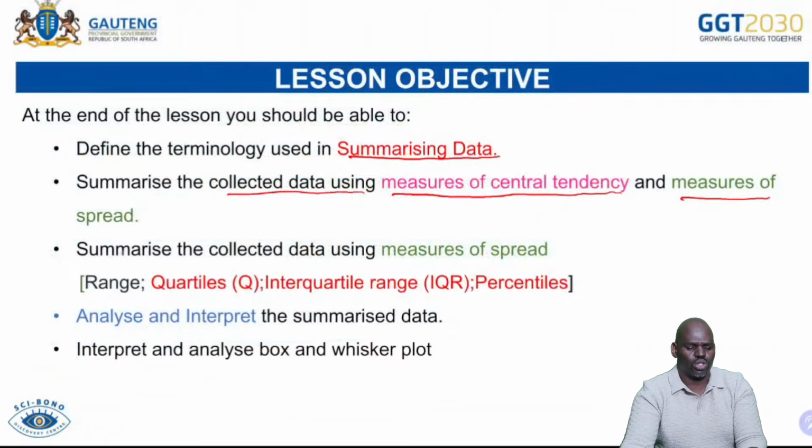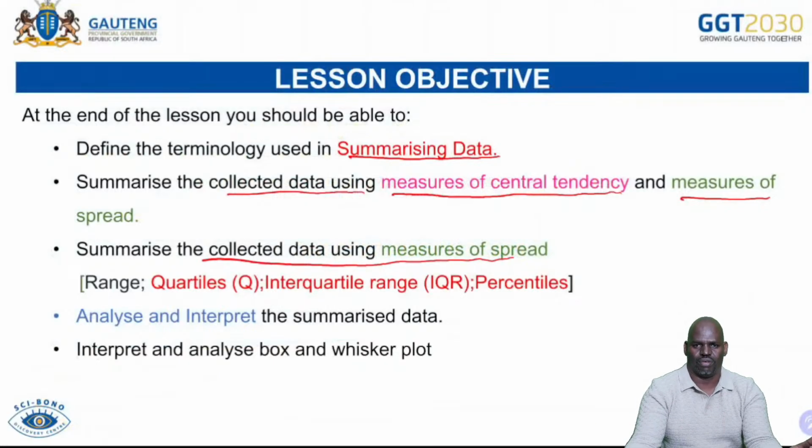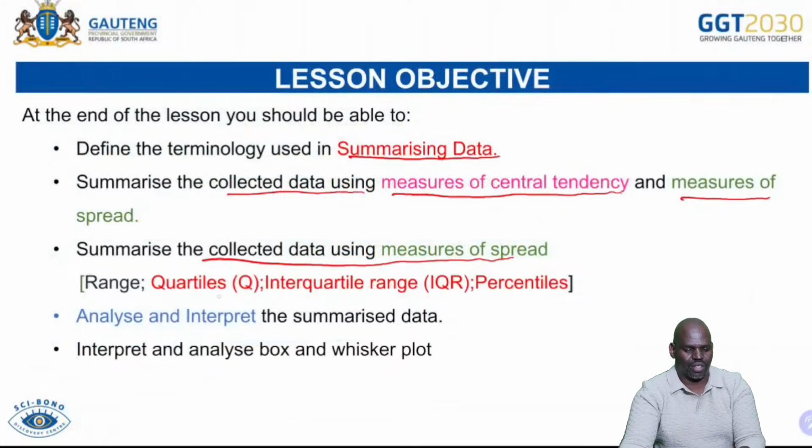And then you must also be able to summarize collected data or the given data. Maybe they might give you the mass of learners or the height of learners, and so on. So you must be able to summarize that. With regard to measures of spread, we are referring to range, quartiles, interquartile range, and percentiles.